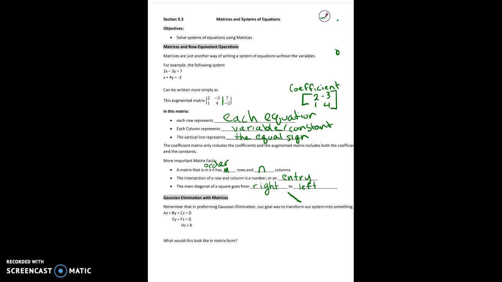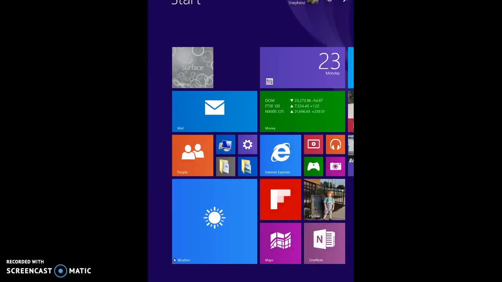Remember that in performing Gaussian elimination, our goal was to transform our system into something like this, right? Equations 2 and 3 didn't have an x, and equation 3 didn't have a y. What would that look like in matrix form? Well, let's just go ahead and write the coefficients. The first row is A, B, C, our vertical line, D, and then we have no x, so I'm going to put a 0 there.